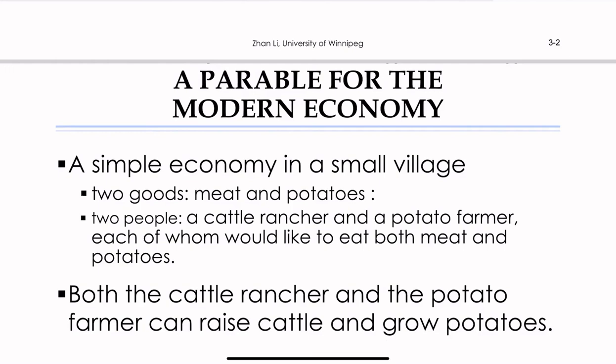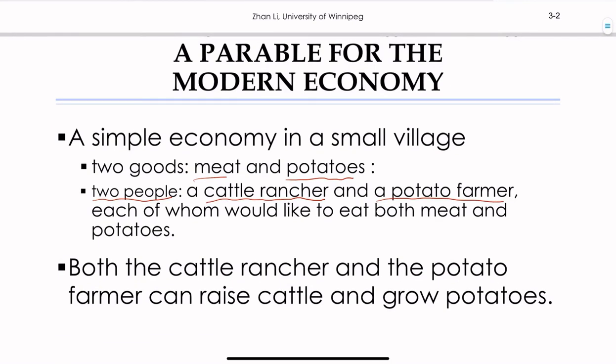We basically have two products, meat and potatoes. It's a simple economy, so we would only consider two goods and only two people. One is a cattle rancher and another one is a potato farmer. Each of these two people would like to eat both meat and potatoes. And both the cattle rancher and the potato farmer can raise cattle and grow potatoes.